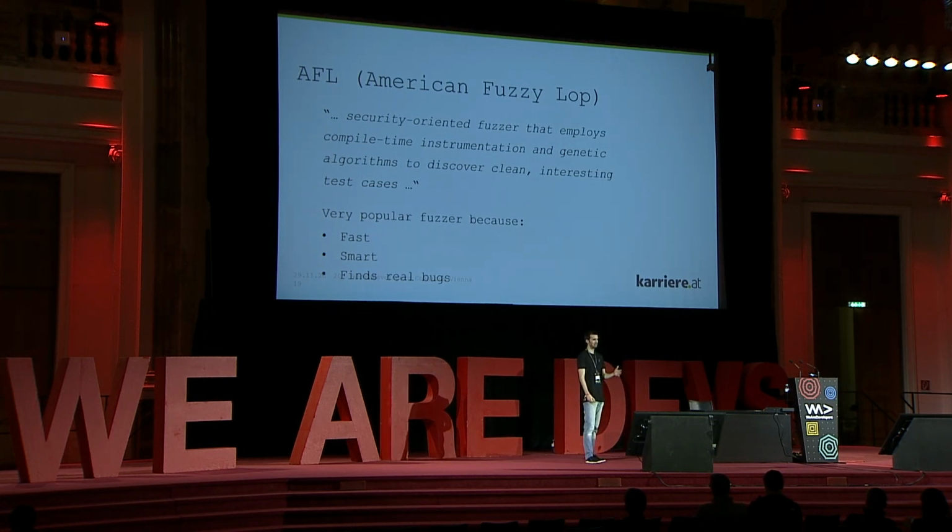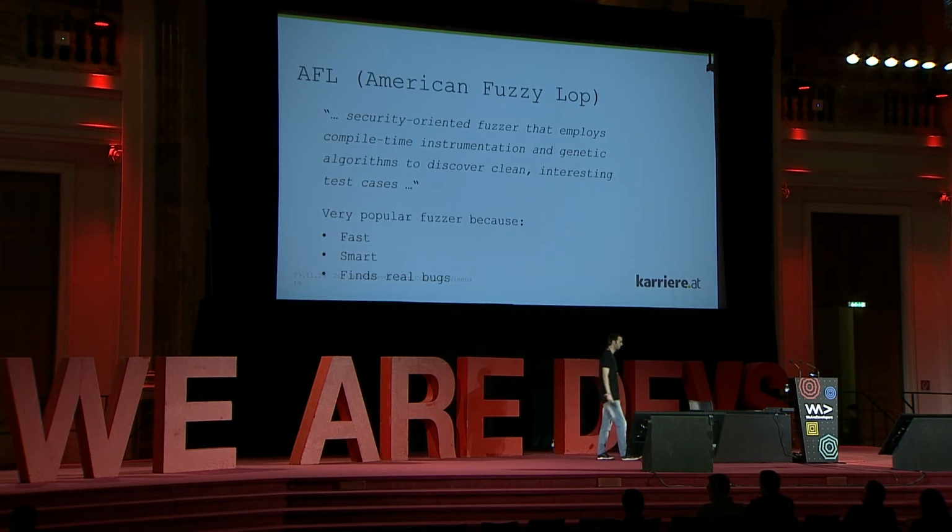Compile-time instrumentation, as I already said, means that we have to compile our software in a specific way or run it in a specific environment so the fuzzer will know what the input it sends to the target will trigger. If it finds a new code path, or if this input creates a crash, it will get a little bit smarter this way.